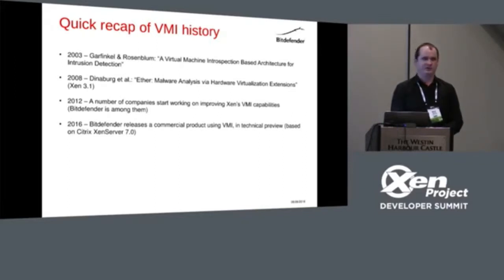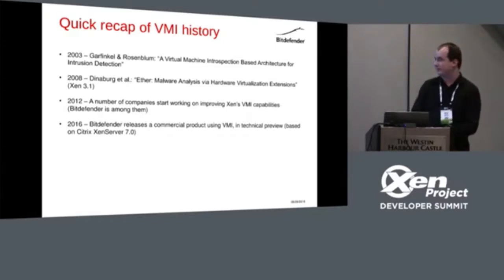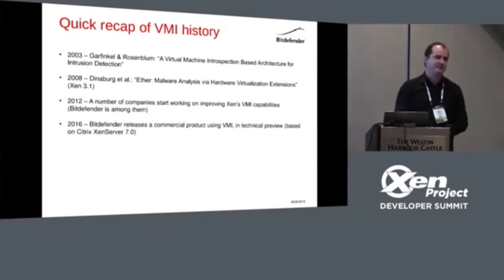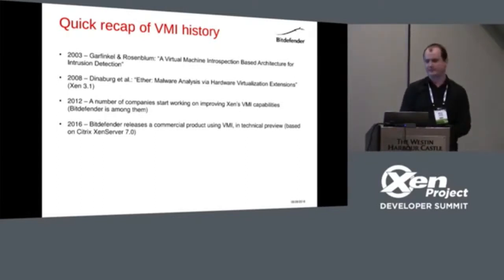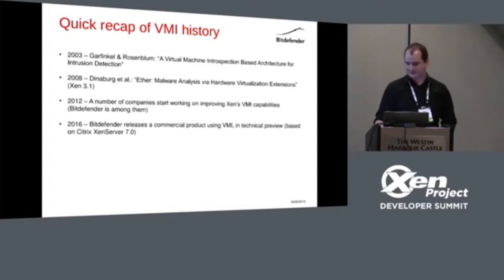In 2012, a number of companies, among which Bitdefender, started pushing even more changes into Xen and trying to build a commercial product. And in 2016, Bitdefender published the first security software using VMI with Xen in technology preview, using specifically Citrix XenServer 7.0, Xen 4.6, I believe.